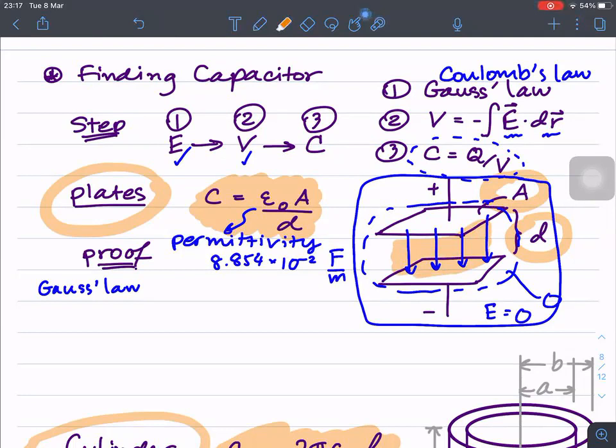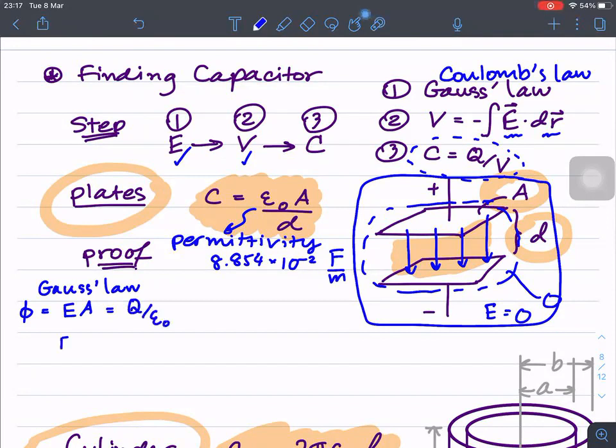So for Gauss's law, we can write down the electric flux as just EA. Okay, and from the EA, we have the Q on one plate over epsilon zero.